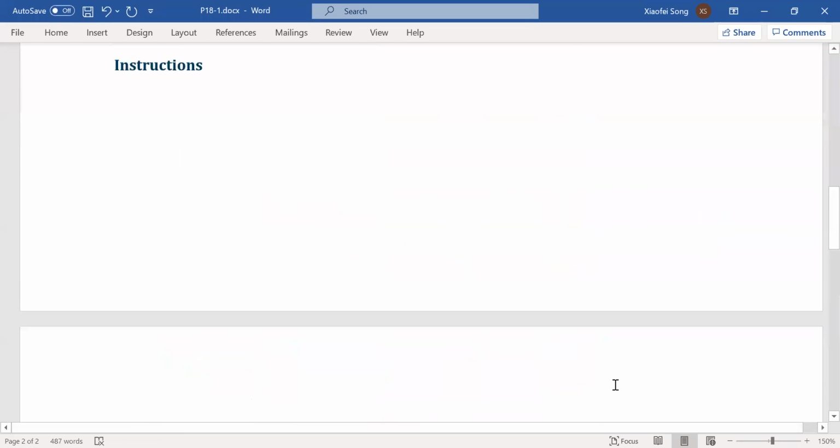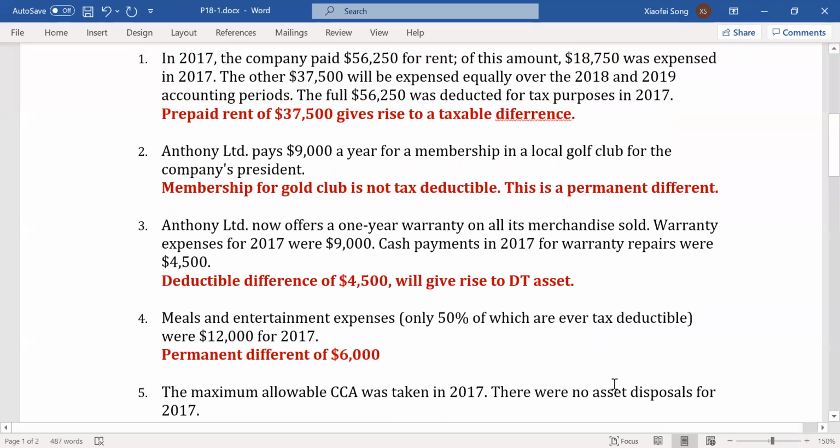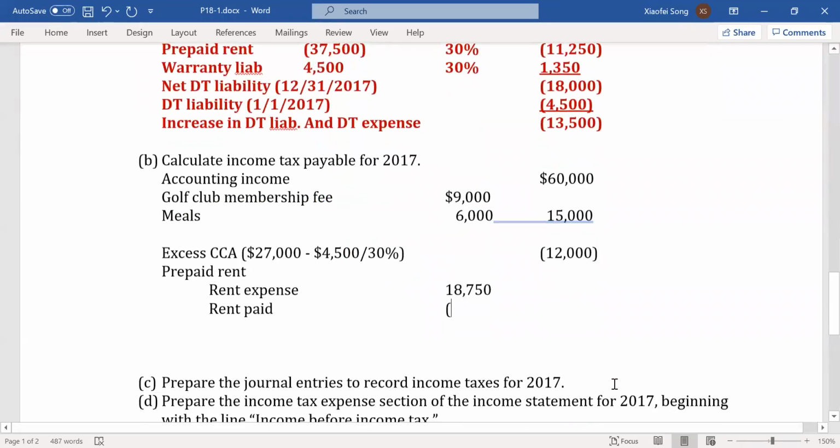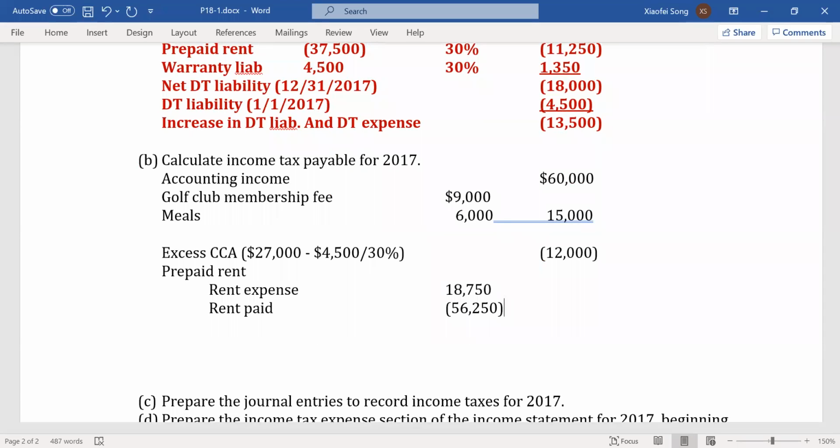How much rent was paid? 56,250. So the difference is 37,500. That's the adjustment.